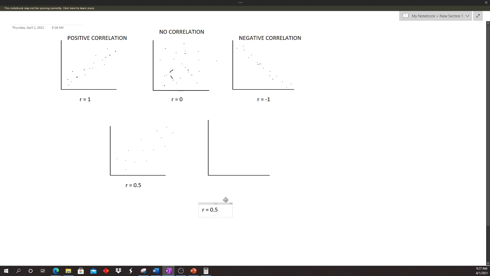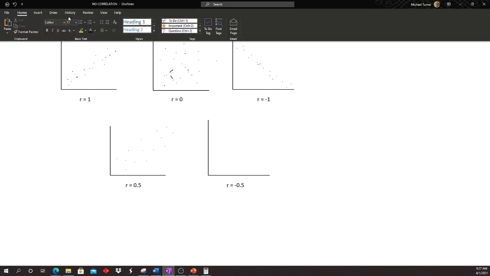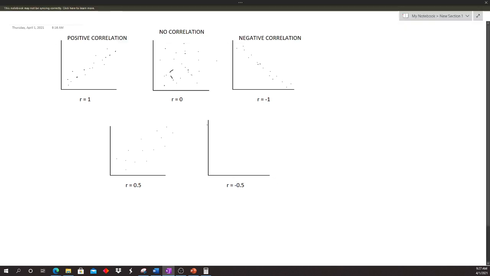And going the other way, if there is some relationship that exists with a negative relationship, but maybe it's not as strong as the example in the top right there, say something like this, where in general we can see that as one is increasing, the other is decreasing, then we'd say that's closer to a correlation coefficient of -0.5.